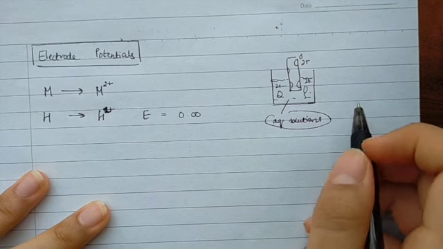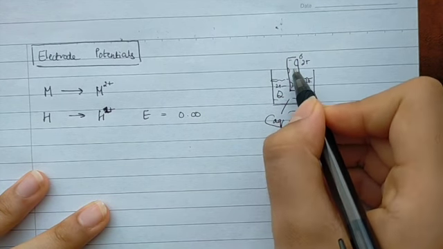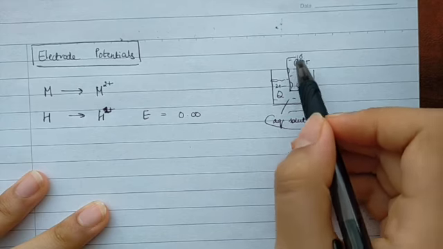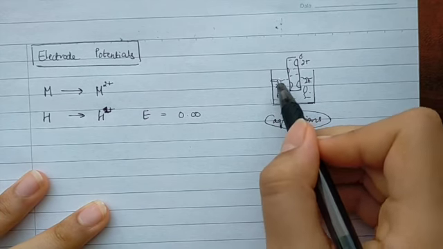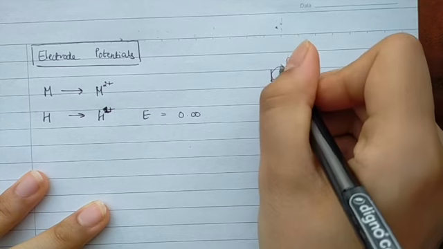But over time, there will be a buildup of negative charge in the metal because of the positive charges in the solution, and these positive charges will be attracted back to the metal.